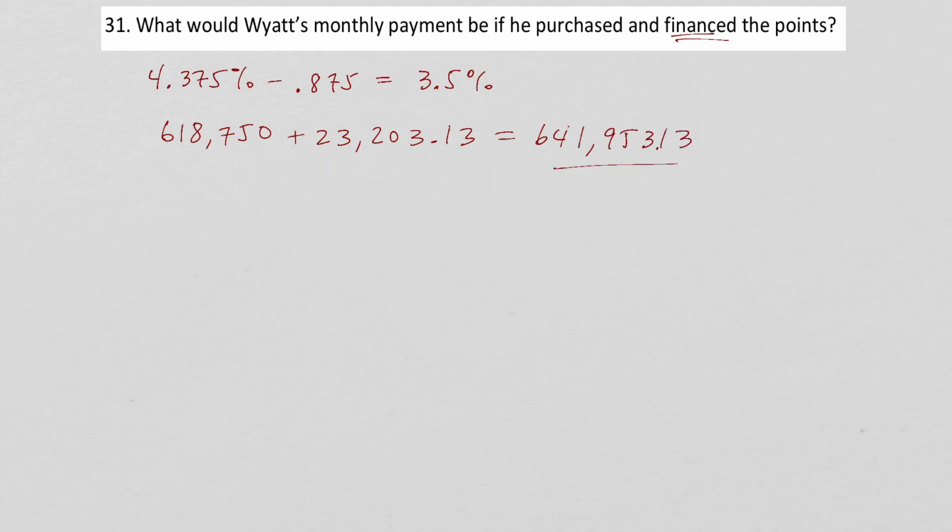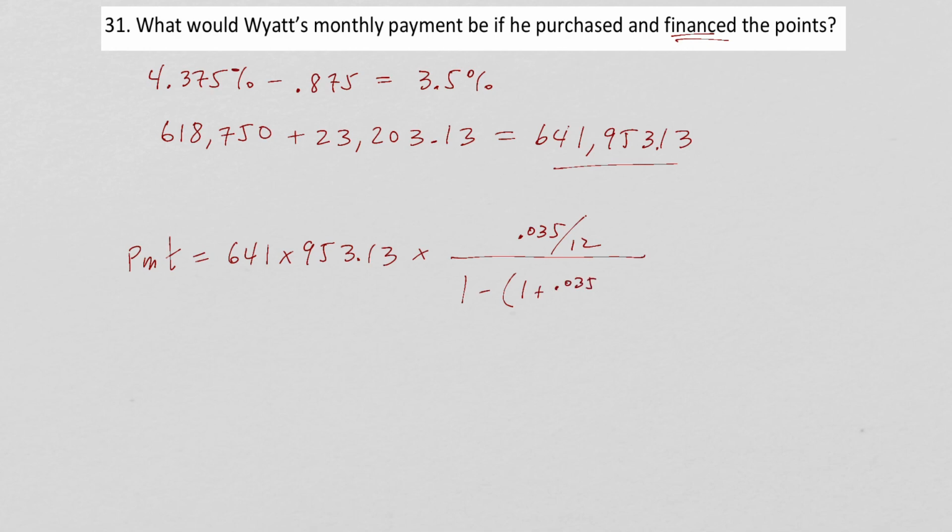The payment on this is going to be $641,953.13 times, now we have a new rate though, 0.035 divided by 12. And this is going to come out to 2882.66.